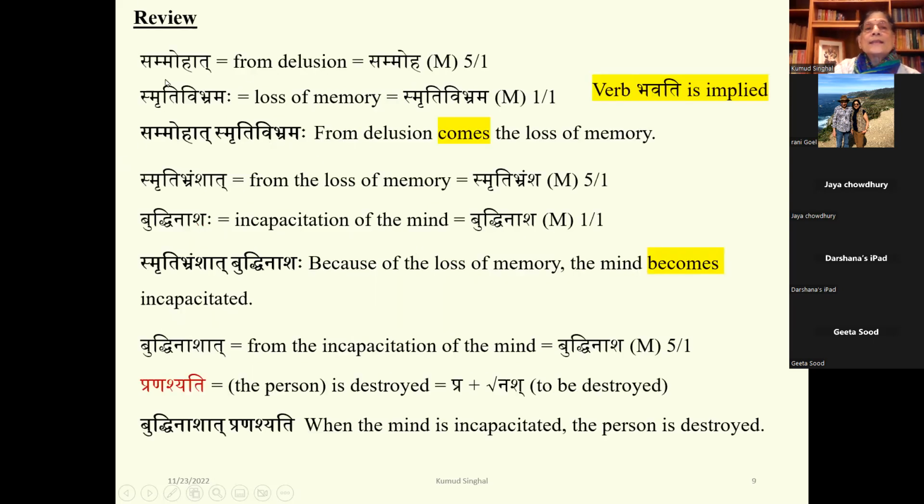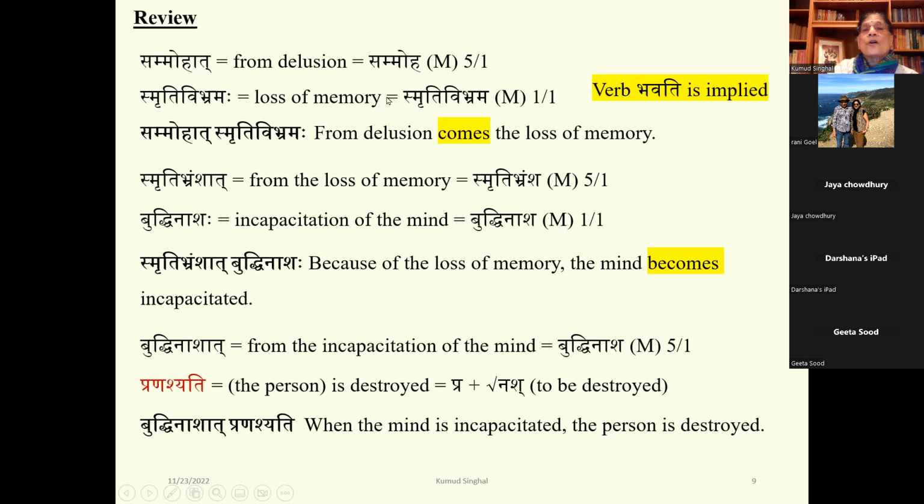Now, similarly, sammohat. This is again in Panchami Vibhakti, from delusion. Smriti vibhramaha. This is a compound word made of two words, smriti and vibhramaha. Smriti means memory and vibhramaha means loss. So the Pratipadikam is a masculine Pratipadikam, smriti vibhrama, and it is in Prathama Vibhakti Ekavachanam.